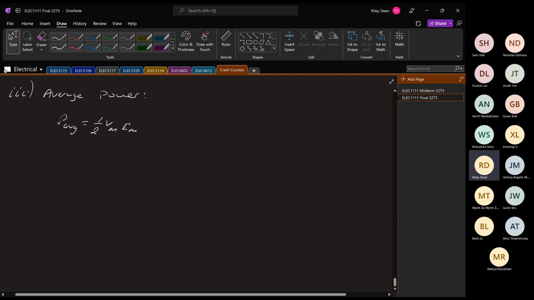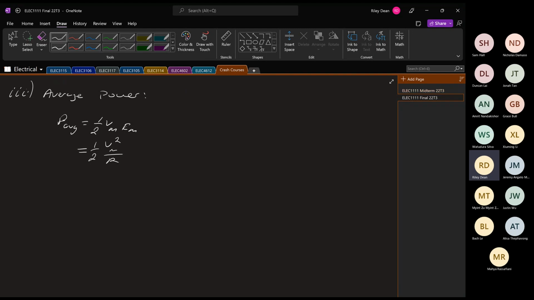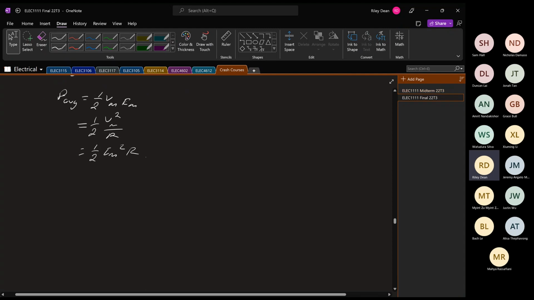As we're looking at resistances, we can convert it using Ohm's law to give half VM squared over R, or alternatively, half IM squared R. For us, it's easier to calculate I, because I is just going to be V out over the 8 ohm resistor.